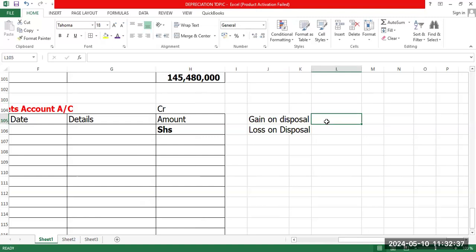And you need to know that gain on disposal is credited to profit or loss.